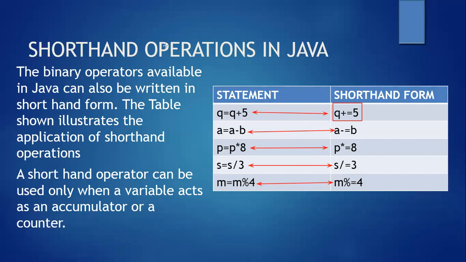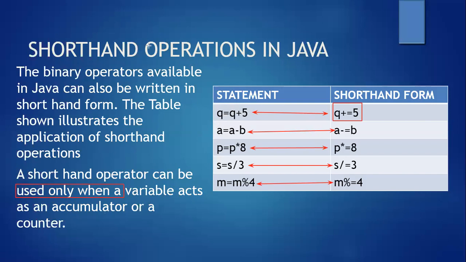But understand one very important thing about shorthand operators. It can only be used when the variable, which here is P, A, Q, S and M, acts as an accumulator or a counter. It means I'm adding the value of Q and 5 and storing it in Q only.